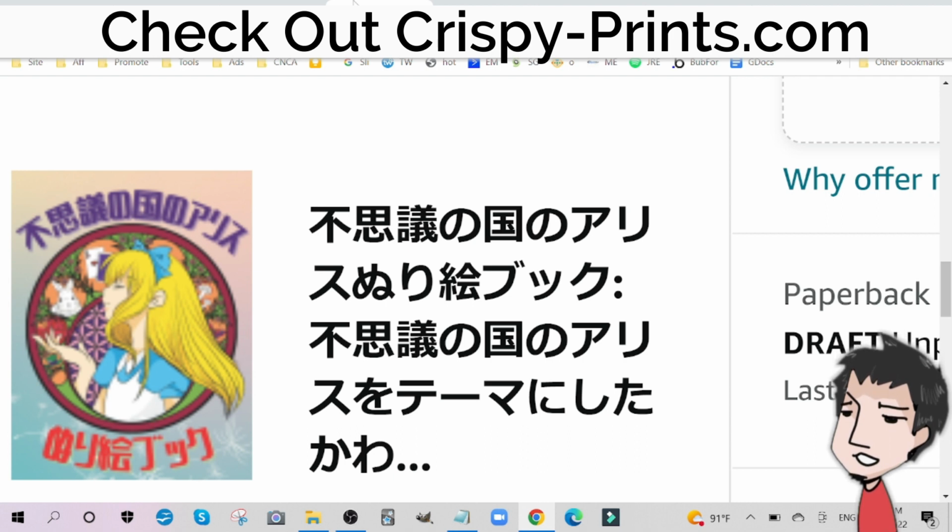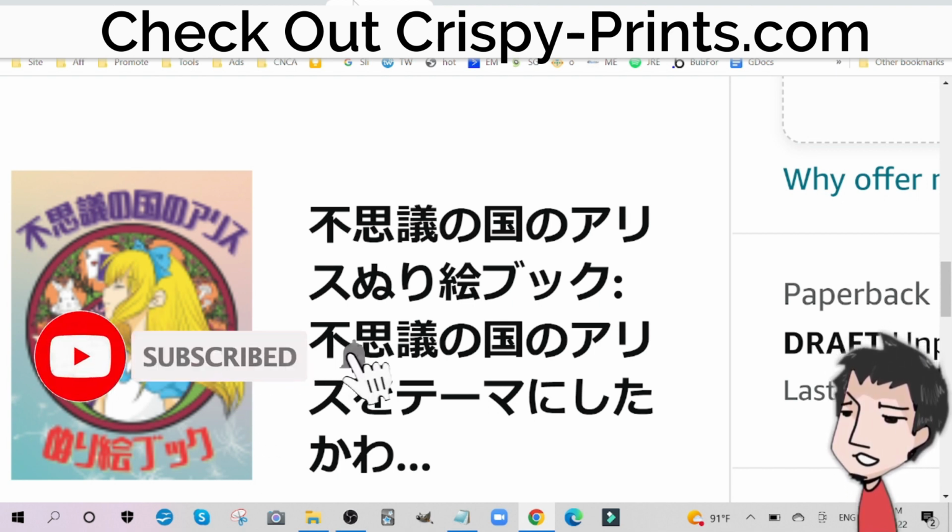So as you can see, this is in the Japanese anime style. Not only the cover, but everything inside the interior is in the Japanese anime style, okay? And I use elements, and everything comes out of the Lewis Carroll interpretation, which is public domain. All of that comes out of that interpretation of Alice in Wonderland, okay?